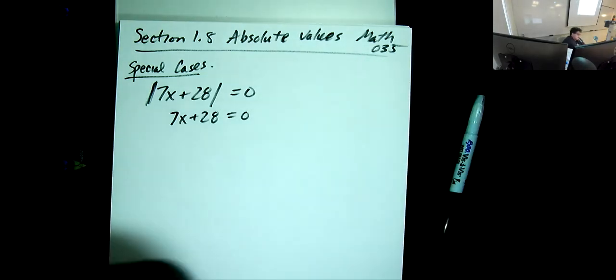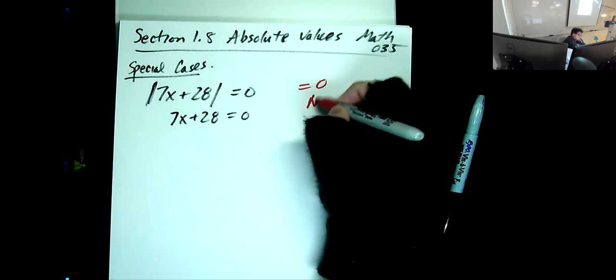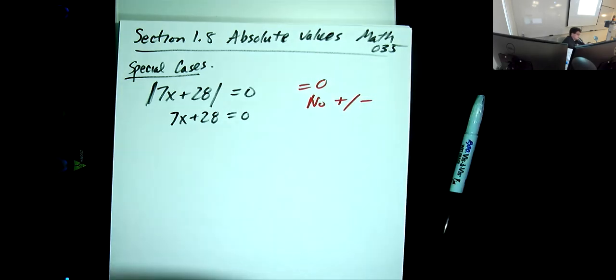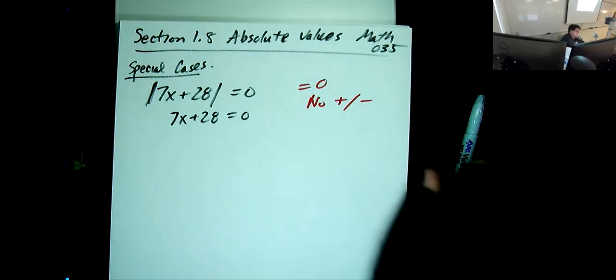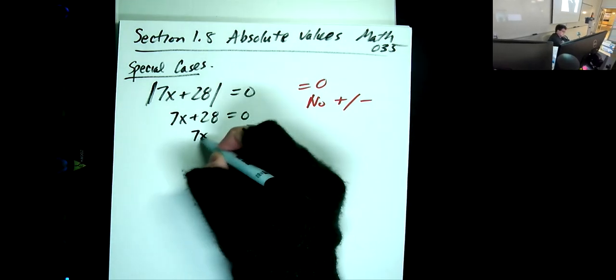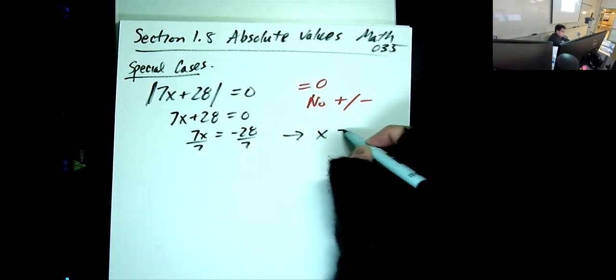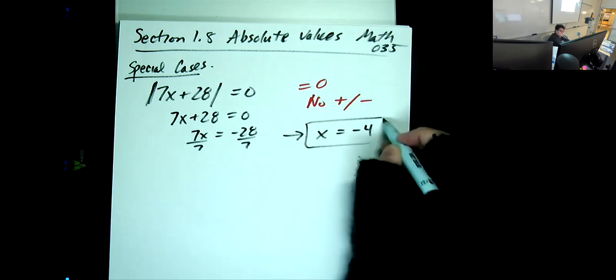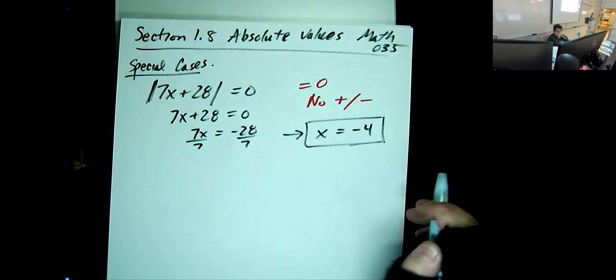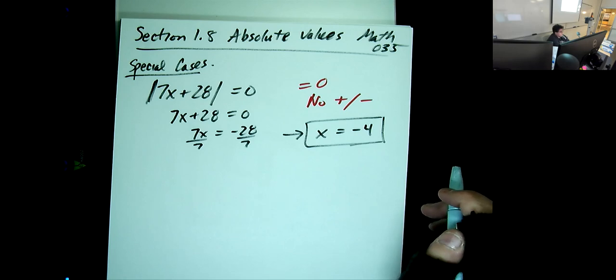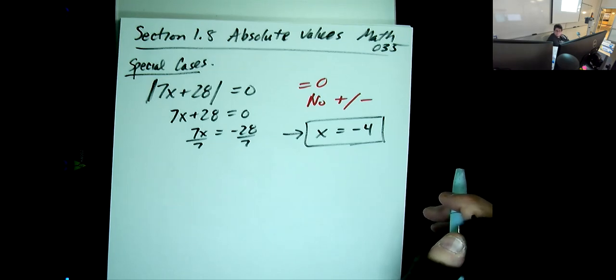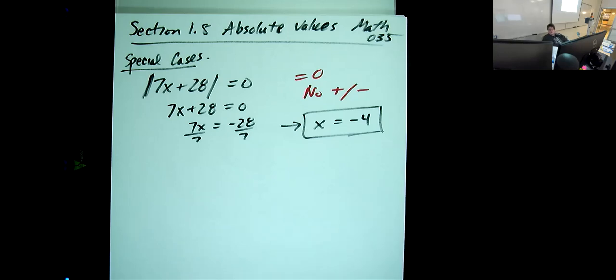When it equals 0, there's no plus or minus. So we just solve. We get x equals -4. So special case 1 is where the right side equals 0. There's only one solution rather than 2.